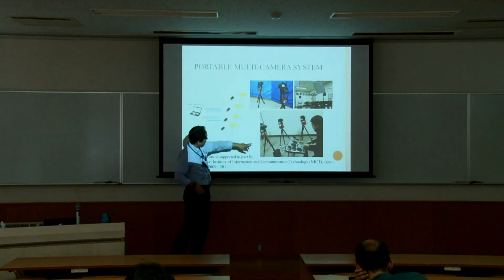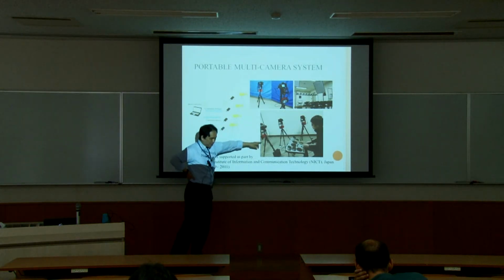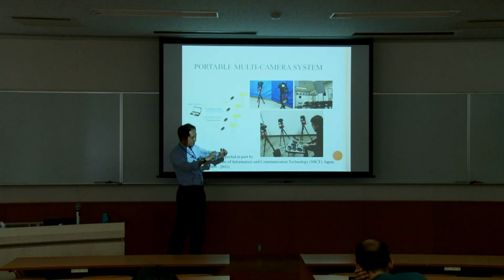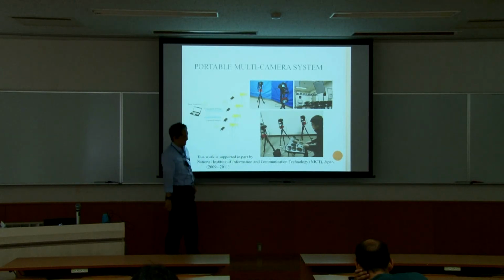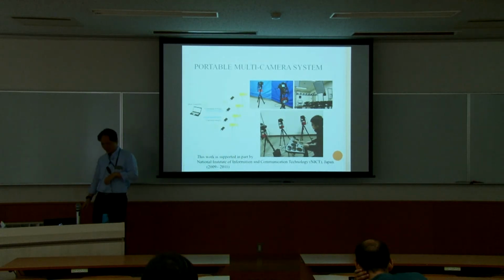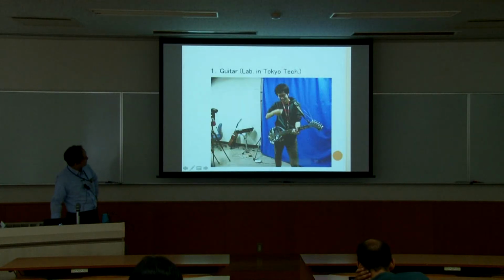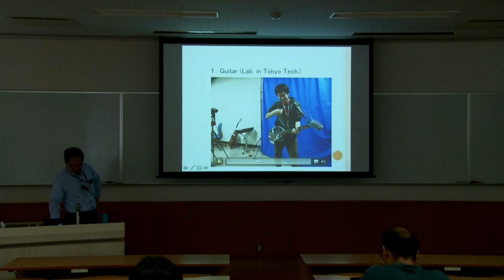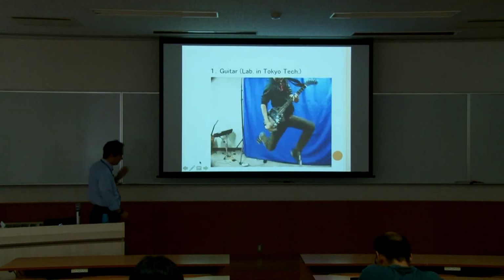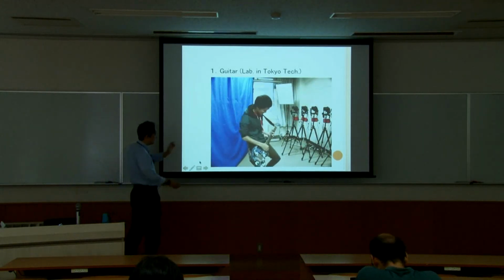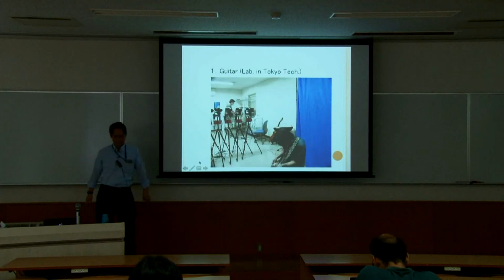This is a camera, and this is a PC, a very small PC, a Windows XP PC. So very interesting. With this kind of system, we capture. This is like this. So, a 16 camera system. This is one.